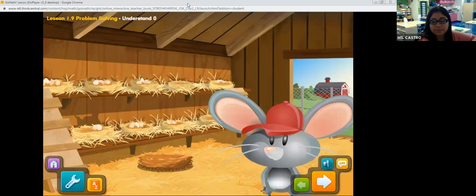Good morning! One of my chicken friends has left something for me in the chicken coop. Let's see what it is. Click the nest to find out. Wow! There are 2 eggs in this nest. Maybe I should take these eggs to their mother so she can keep them warm.